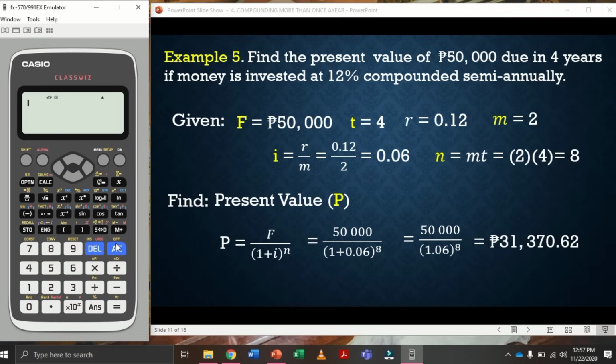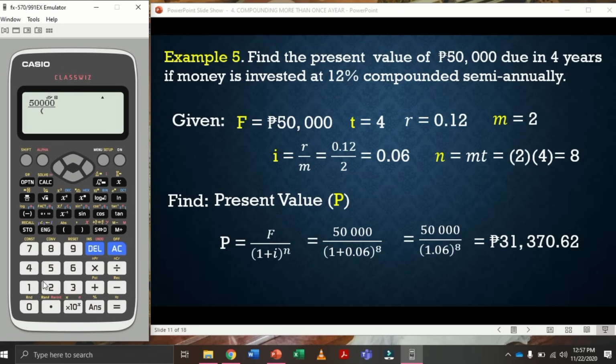Okay, using your calculator, lagay nyo lang muna yung fraction bar. So, fraction bar muna ang unang pindutin. Then, sa taas, 50,000. Then, sa baba, lagyan nyo ng parenthesis muna.